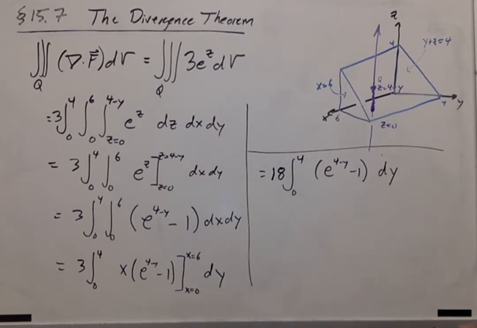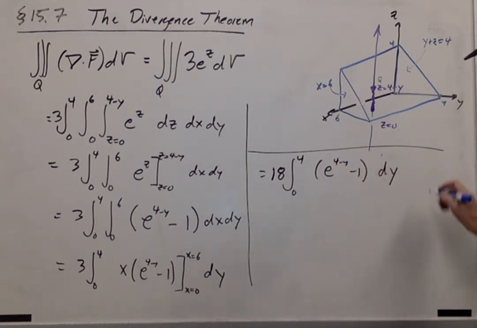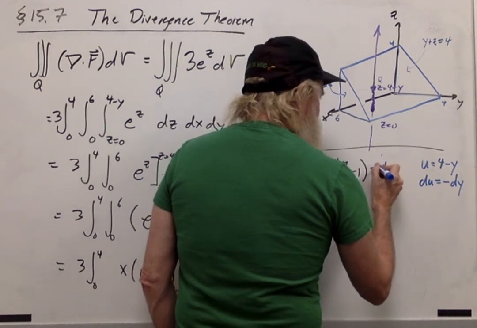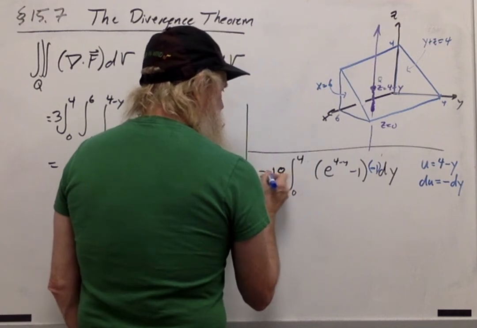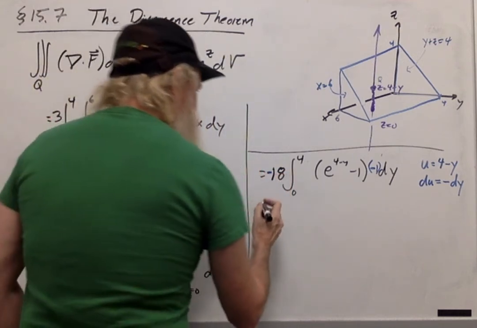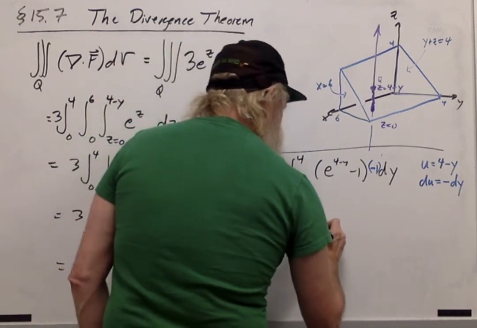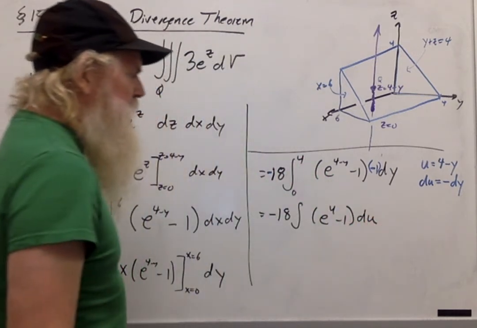Now to continue, I need to do a u substitution where I let u equal this exponent. So let's let u equal 4 minus y, so that du is negative dy. So I'll multiply by a negative 1 right here, so that I have a negative 1 dy, and multiply by another negative outside to cancel that. So I have negative 18 times the integral of e to the u minus 1 du.